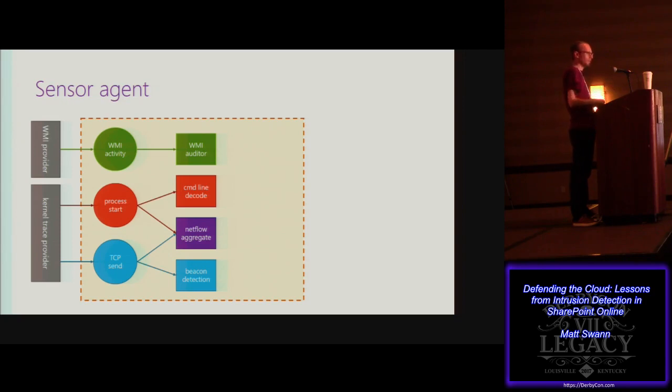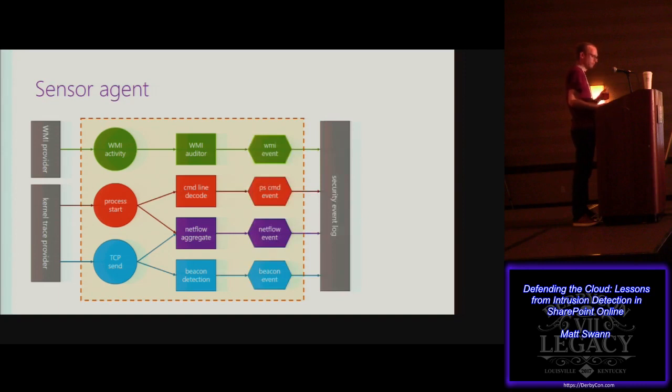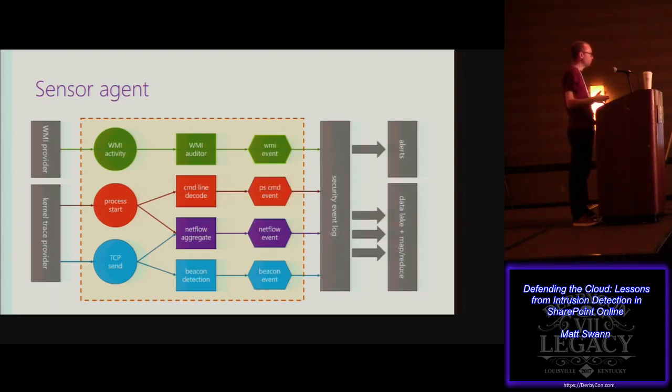That eventually ends up in the security event log, and that gets uploaded to our security data lake, so we can do MapReduce jobs against it, so our analytics run. And then sometimes I can do things that are so simple that I can fire an alert directly from the agent.